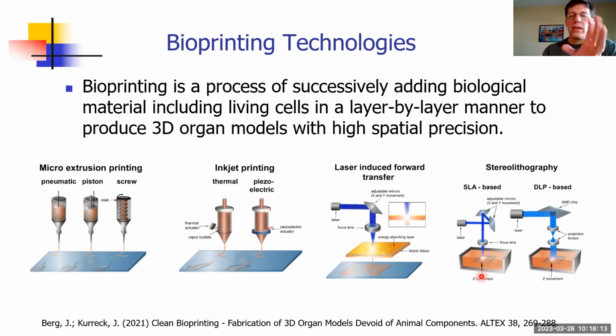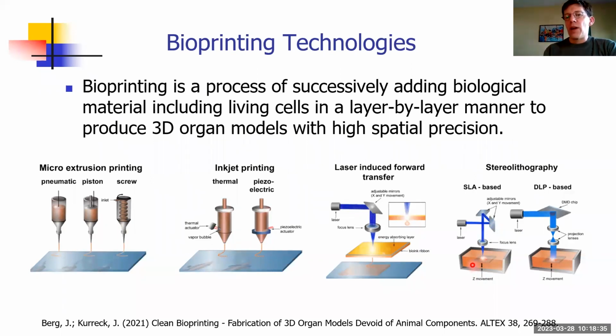So the last technology I want to introduce is stereolithography. Stereolithography means that we have a liquid material that is polymerized by a laser beam that addresses a certain position to be solidified to produce the 3-dimensional object.